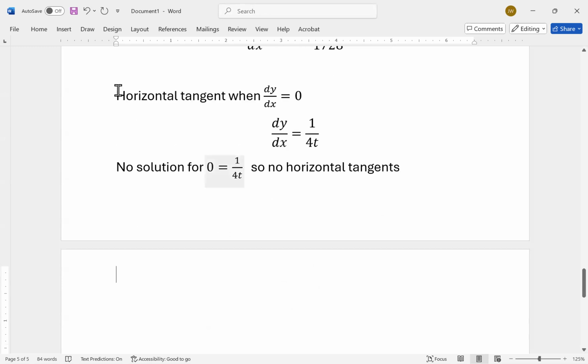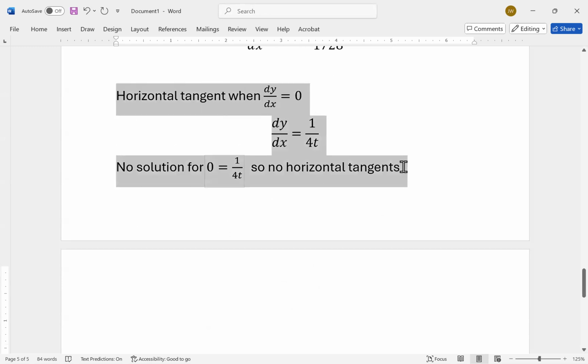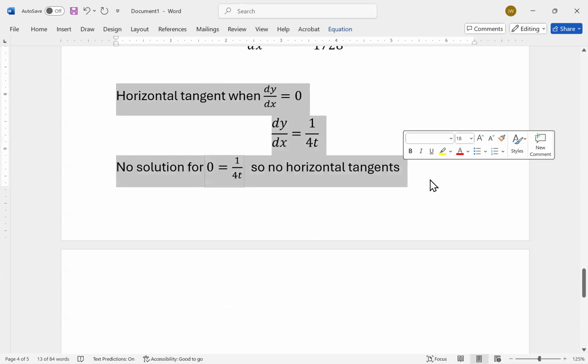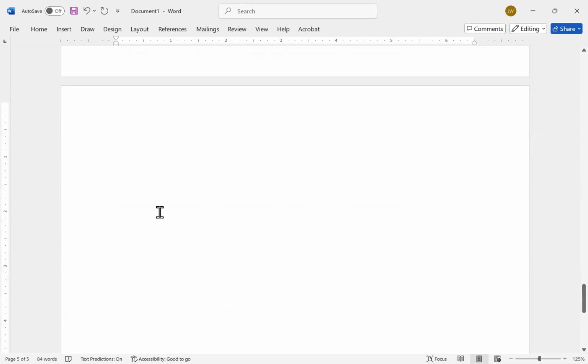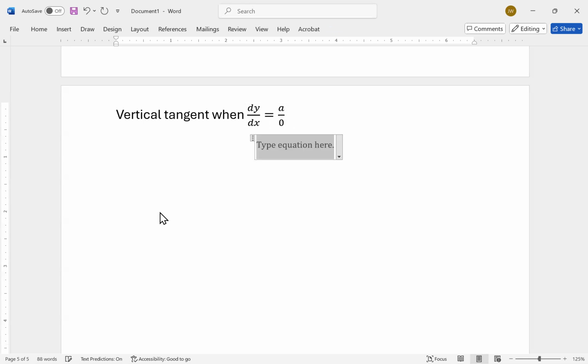On the other hand, the vertical tangent works differently from the horizontal tangent. Vertical tangents happen when the derivative has the form, some real number, I'll call it a, divided by 0. Our derivative is 1 over 4t.